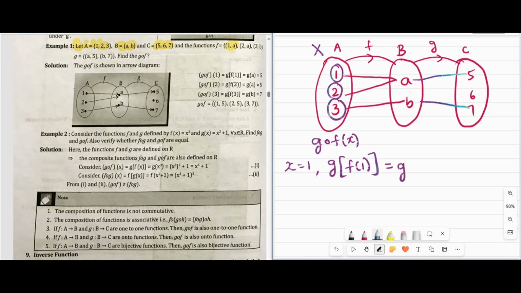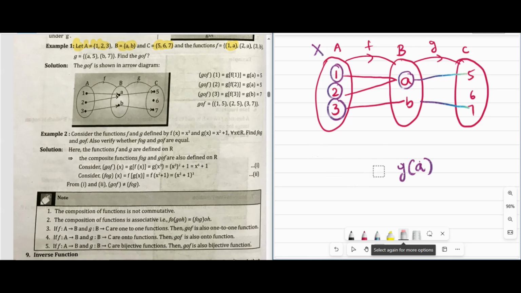When f value is 1, what is the answer we got? We got a. Before we do this, I will do one more step for you, and then it will be easy for you to remember and understand.